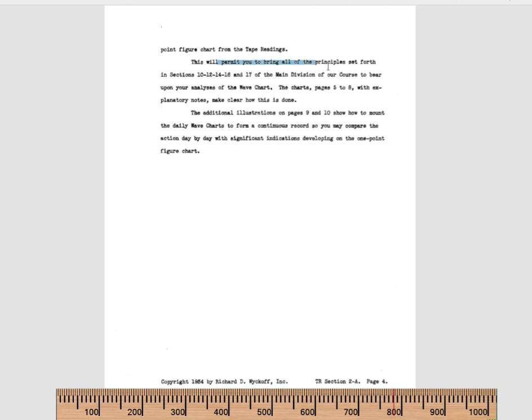This will permit you to bring all the principles together. So he says, if you want to use this for swing trading, you can, but you really should use the figure chart, and in particular the 1-point figure chart he mentions.